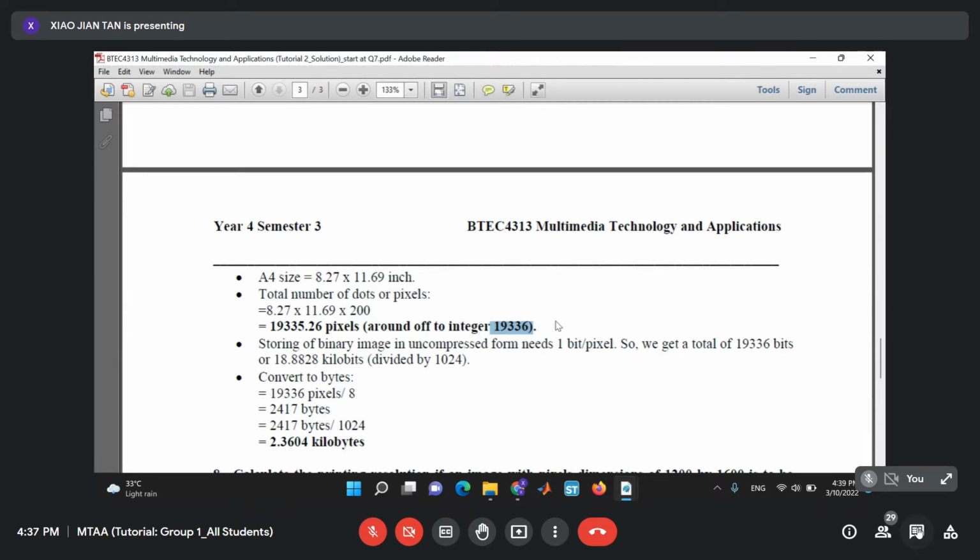Usually it depends on the case. For example, when you are doing calculation in terms of intensity, pixel based, usually we will round off to integer. That depends, because if the intensity, for example, spans from 0 to 255, then of course you need to round off to integer.